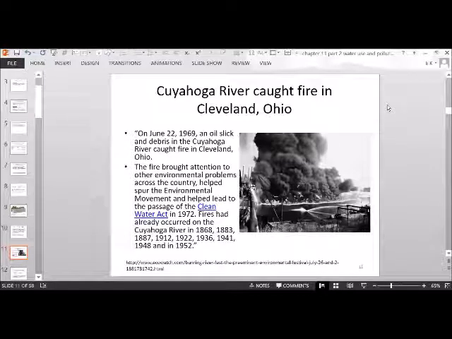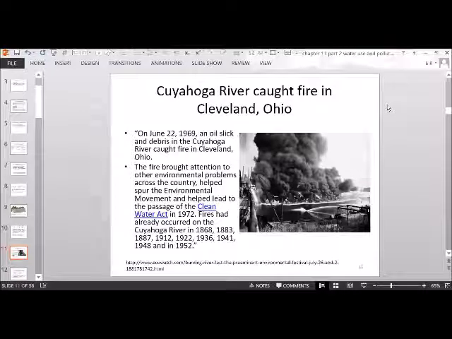And here is a major example of what could happen when you don't have a Clean Water Act. So this is the Cuyahoga River in Cleveland, Ohio. And on June 22nd, 1969, an oil slick and debris in the river caught fire.